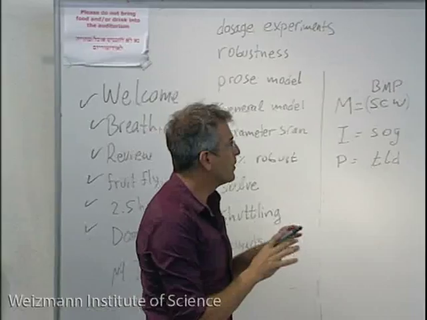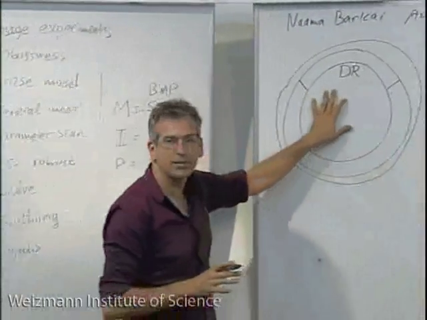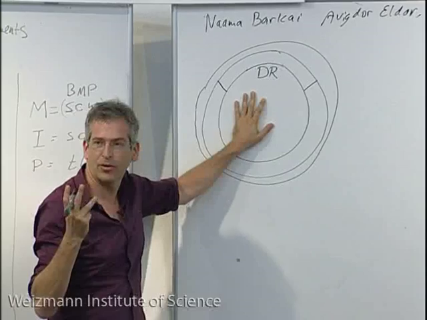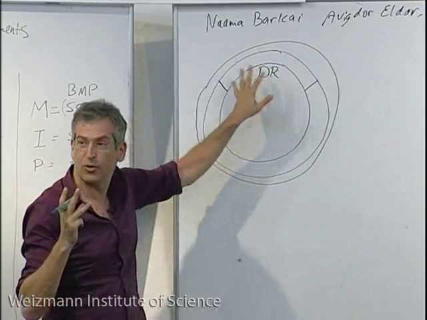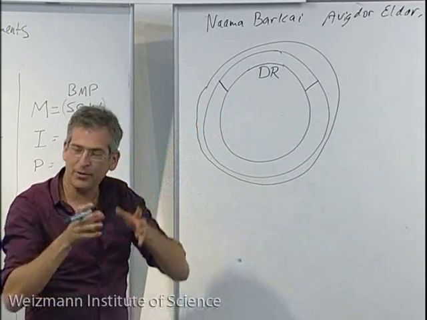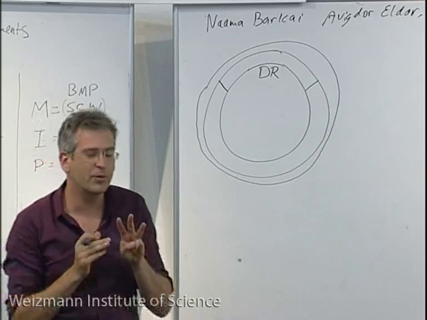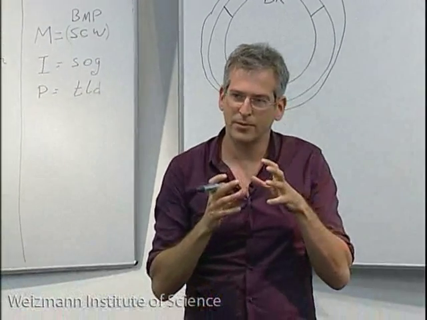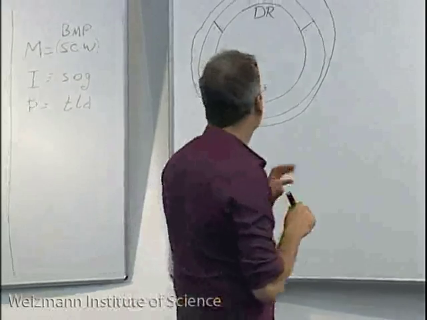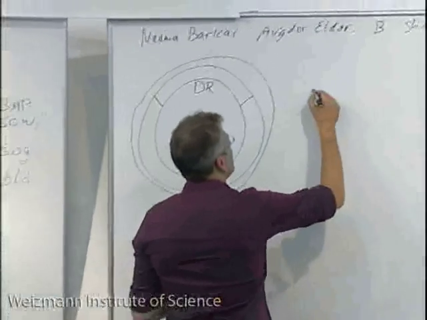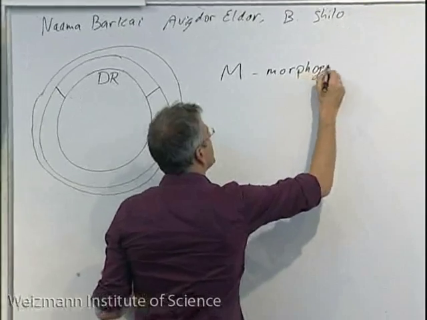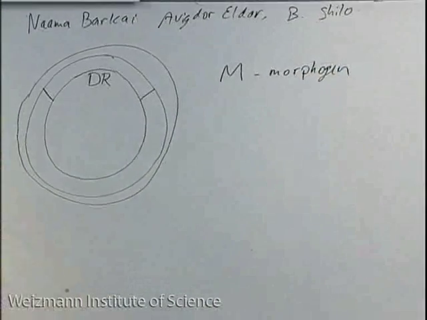And the network that does this, which you can define by mutations. Mutations in 3 different genes can disrupt this particular patterning event. It's a network of 3 proteins that cooperate to do this. Right, and these 3 proteins are M, the morphogen, which is called BMP, like I mentioned.